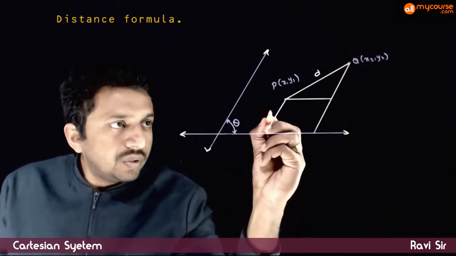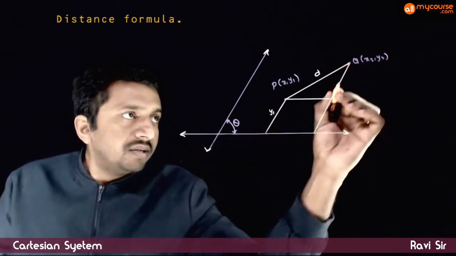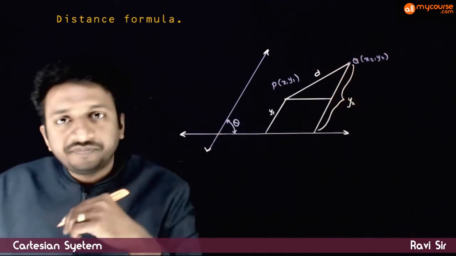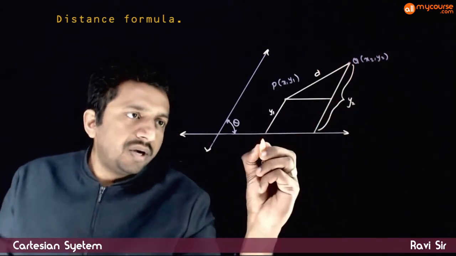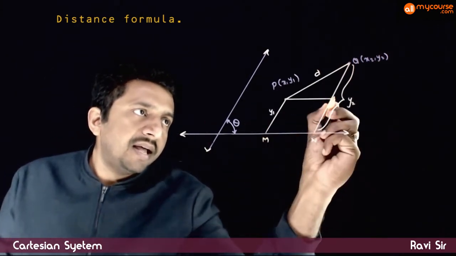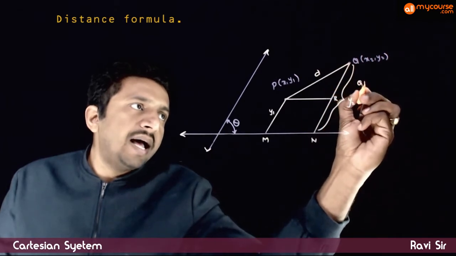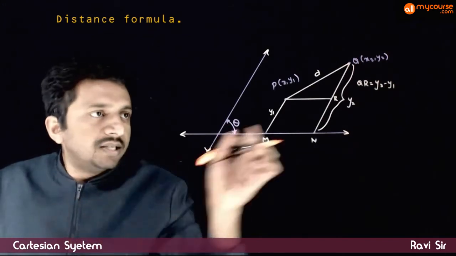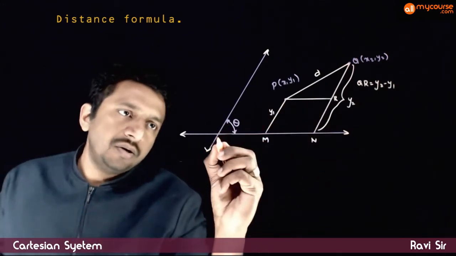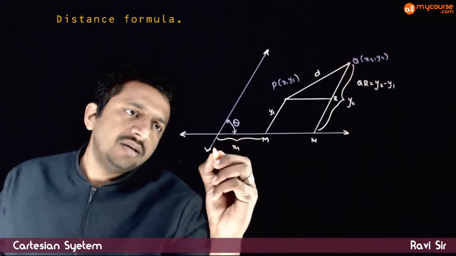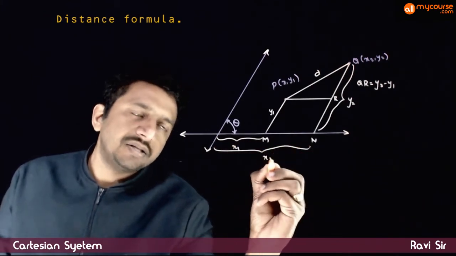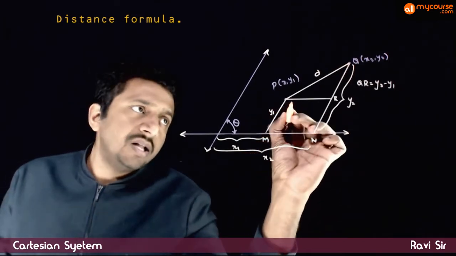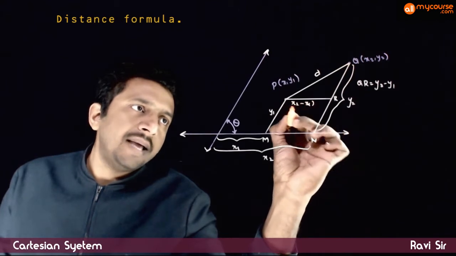So as you know, this length is nothing but y1, this whole length is nothing but y2. So if you put these points as M, N and R, so QR will be equal to y2 minus y1. Similarly, if you want PR, this length is nothing but x1, this complete length is nothing but x2. So MN is equal to x2 minus x1. So PR is also equal to x2 minus x1.